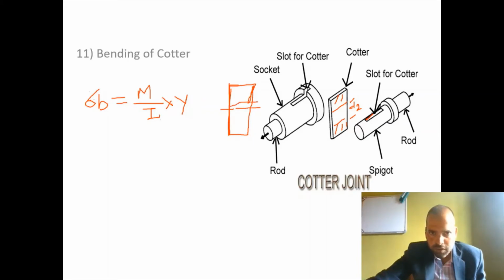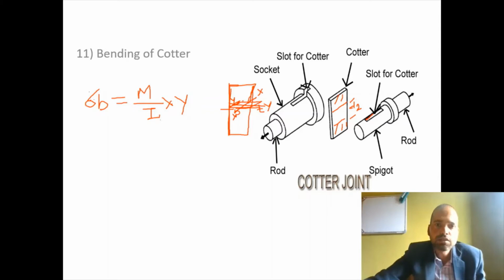So the cross section will be like this. If this is width b and this is thickness t, and this is one axis and this is another axis, let's assume this is yy and this is xx. With respect to which axis does it get bent? It gets bent with respect to axis xx.